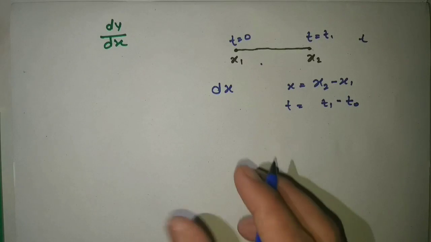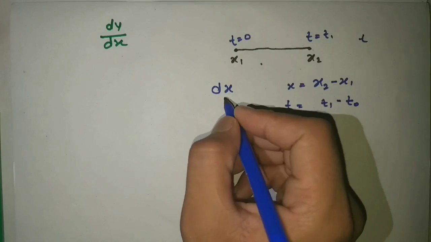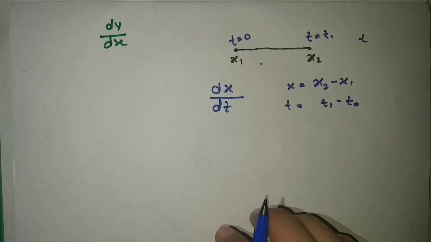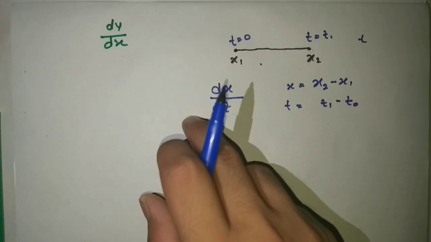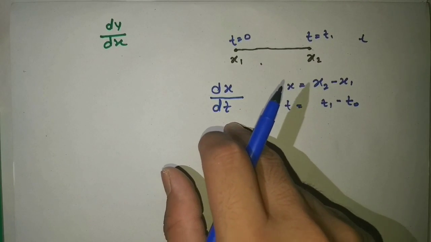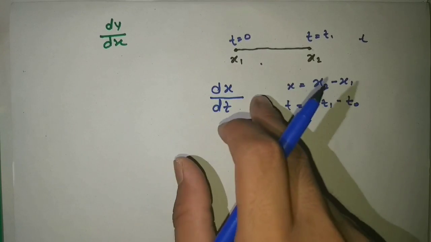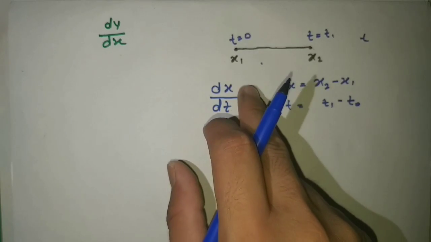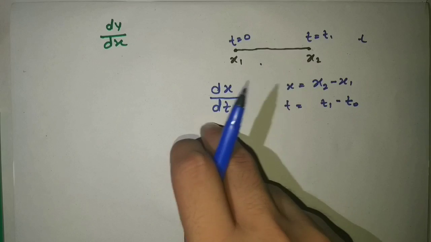What does dy/dx or dx/dt mean? Here dx/dt refers to the change in the position with respect to time. So differentiation tells us about the change in a variable with respect to another variable.